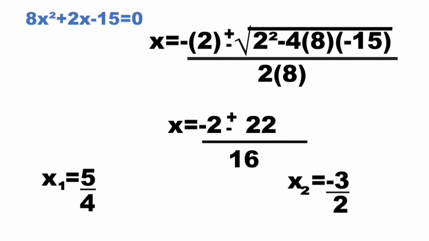That's the answer for this one. For 8x squared plus 2x minus 15 equals 0, the first value of x is 5 over 4, and the second value of x is negative 3 over 2.